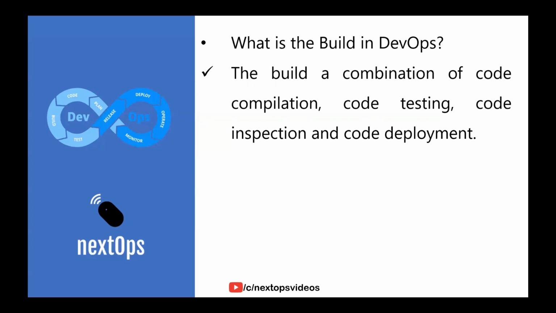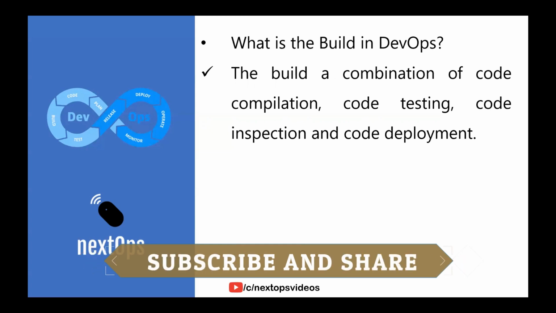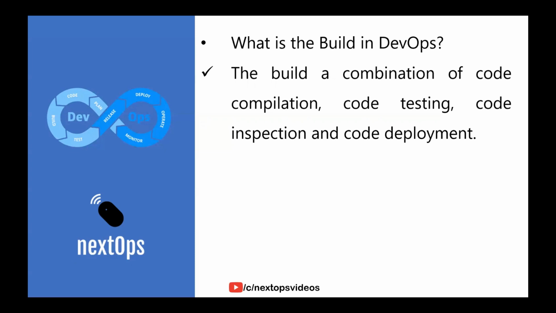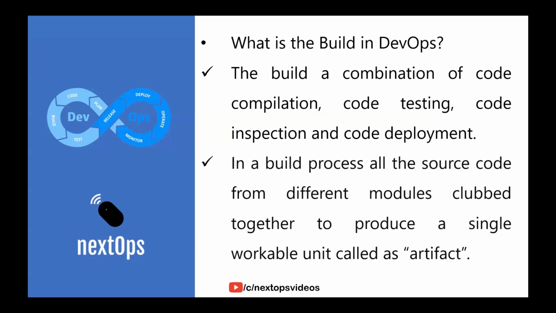So building is nothing but taking the code from the repository and compiling it, testing it, inspecting it, and deploying it to the environment, such as the production environment. In the build process, all the source code from different modules is clubbed together to produce a single workable unit called an artifact.